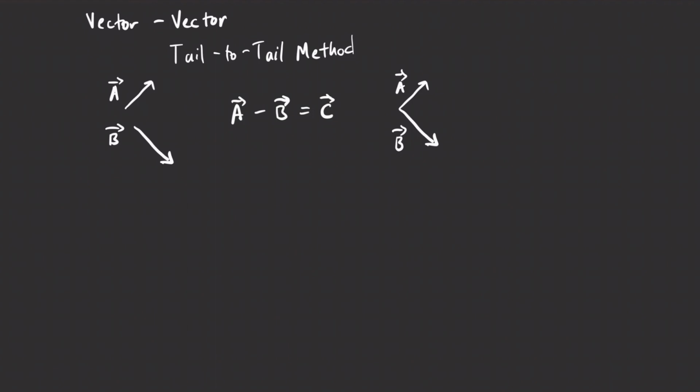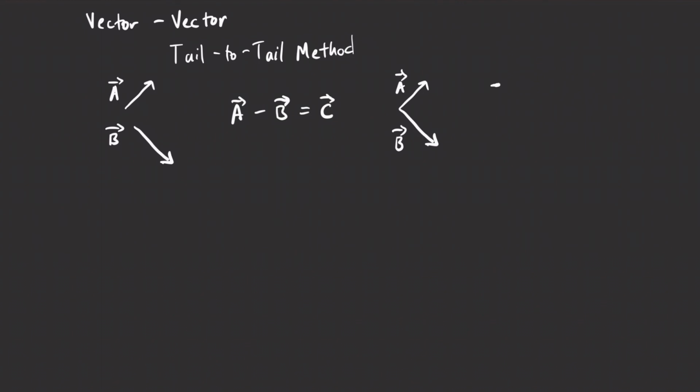Now, one of the most confusing parts about this is where exactly you draw the C vector from. Because in the previous example with the vector addition, we know that we draw the C vector from the tail to the head. But in subtraction, we're left with two heads.